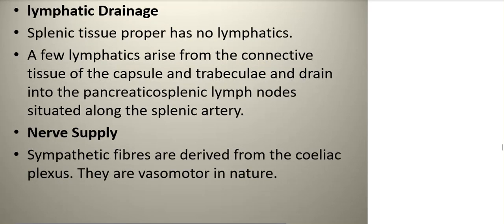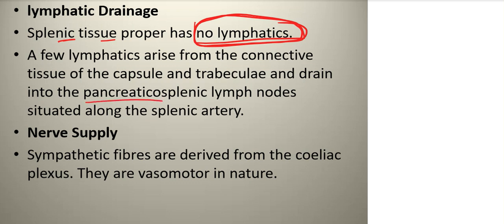Lymphatic drainage. Mostly the splenic tissue has no lymphatics. This is very important for your competitive exam. Spleen has no lymphatics, but a few lymphatics arise from the connective tissue of the capsule and trabeculae and drain into the pancreatico-splenic lymph nodes.